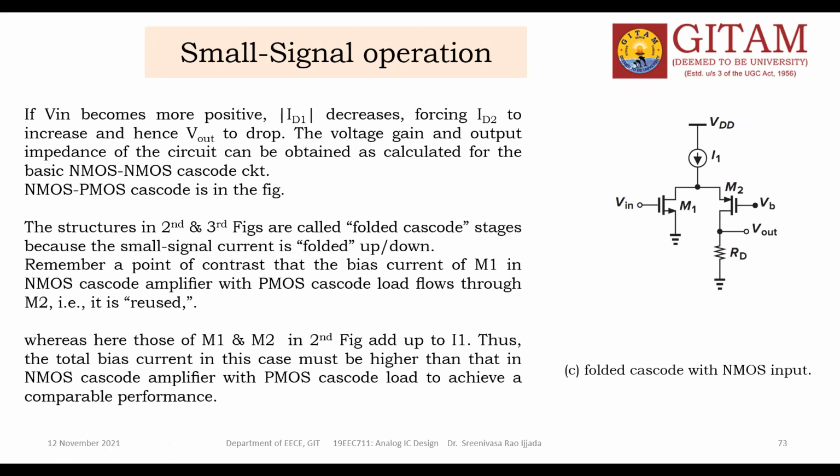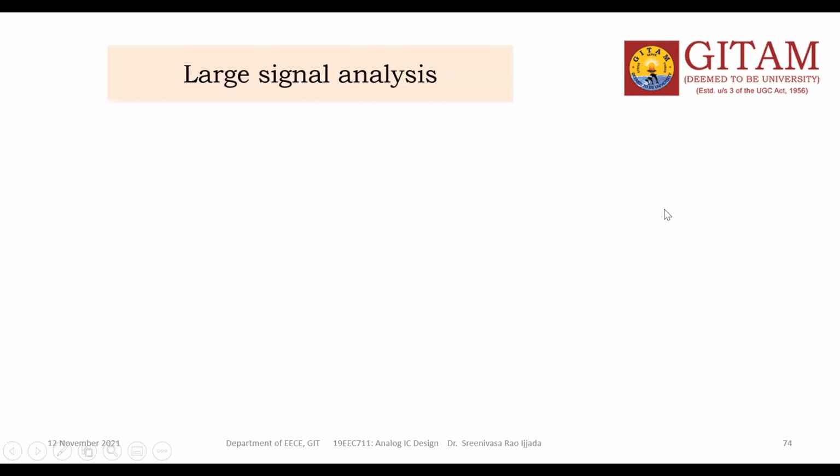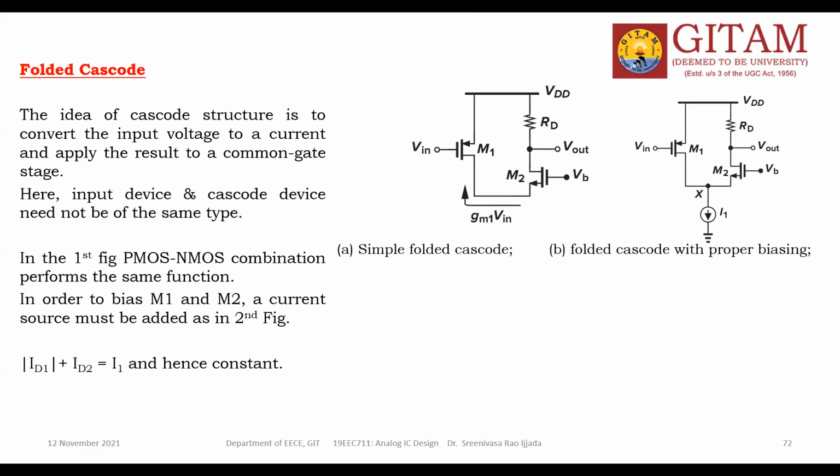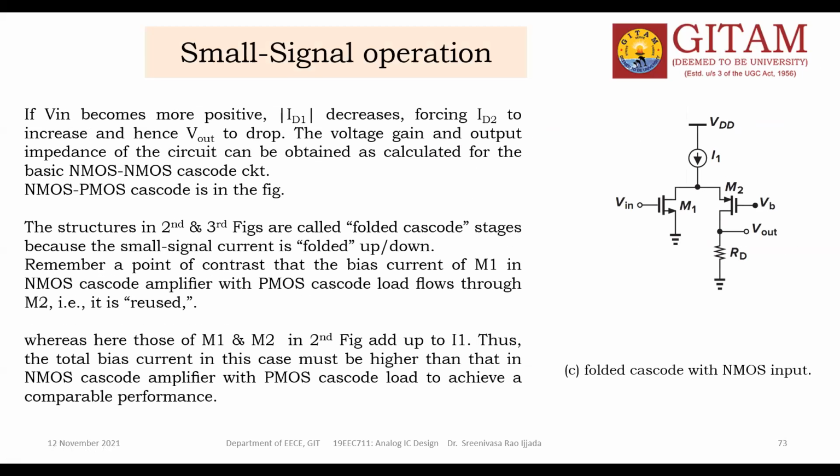So what I'm telling you is why it is folded: because the current folding may be upward or downward. Here the folding is downward, and here the folding is upward. And remember the point of contrast: the bias current of M1 in the NMOS cascode amplifier with PMOS cascode load flows through M2, so it is reused.